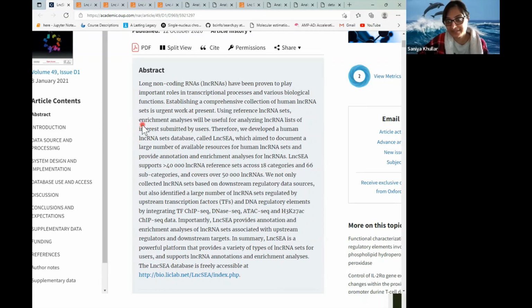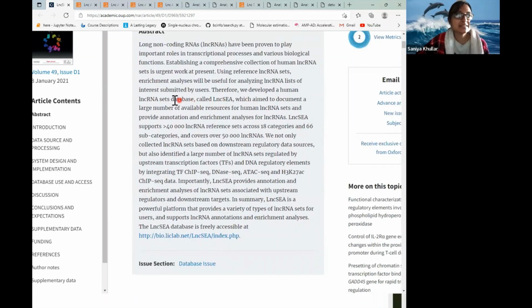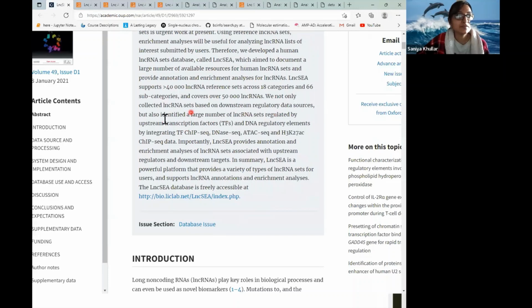It's important to know that these are not genes, these are long non-coding RNAs, but they still have a lot of functions out there. So it's an lncRNA sets database that can document a lot of resources for these human lncRNA sets. So much information here. They've looked at TFs, transcription factors that help with the transcription of the gene into RNA, sorry, not messenger RNA.